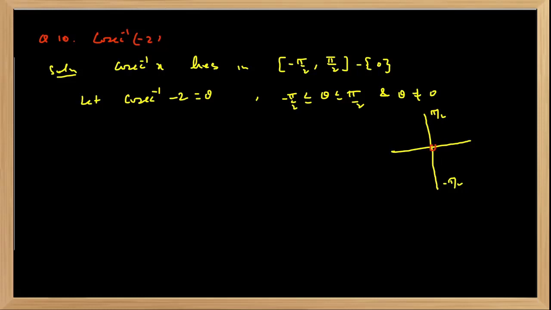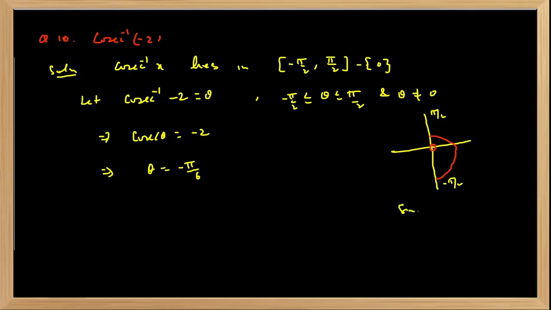So we have an angle either in the first quadrant or in the fourth quadrant. Cosec theta will be -2. It cannot be in the first, so it will be in the fourth. Sine theta is minus half at minus pi/6. So theta is minus pi/6.